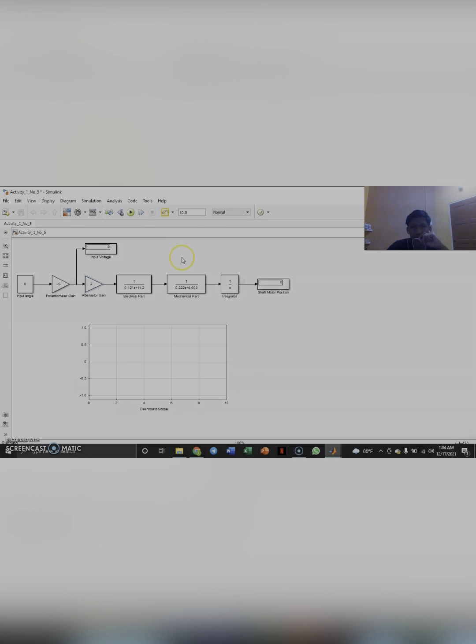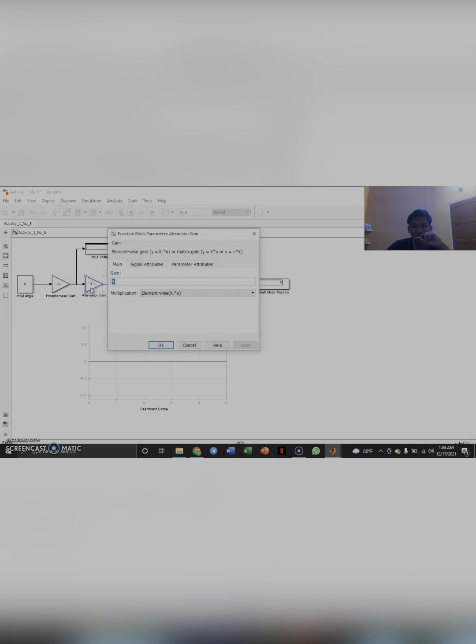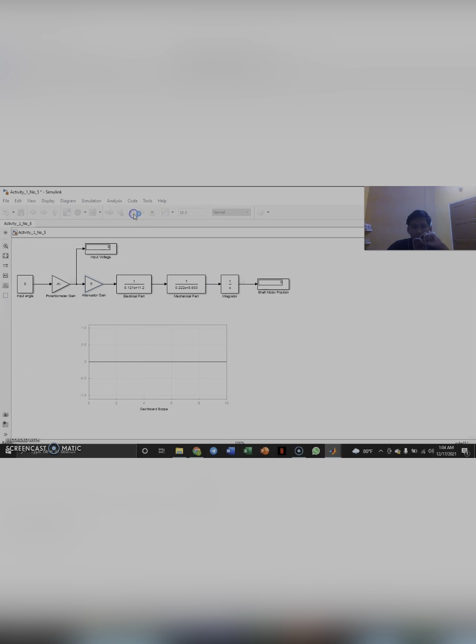At 2, also 0 volt. 3, 0. 4, still 0 volt. Up to 5, it's still 0 volt for the shaft motor position.